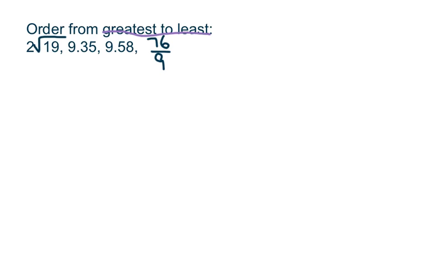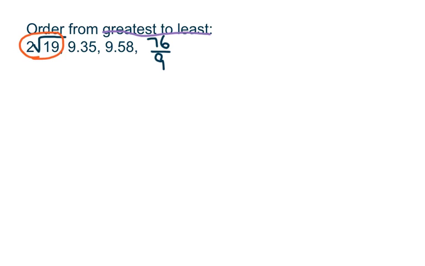All right, so what we're going to do on this one is convert all of the numbers to be in decimal form, or approximate them to decimal form, and then we can compare them. So the first number you see is 2 square root of 19. That means 2 times the square root of 19.